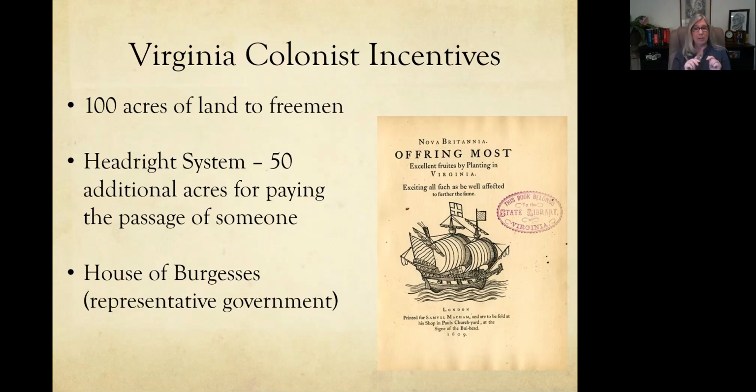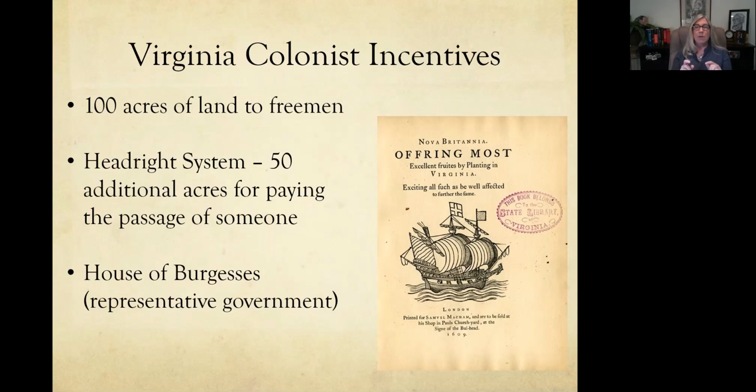And by indenturing myself, I promised to work for a period of like 3 to 7 years, somewhere in there. I think the average was about 5 years. I would work for whoever had paid my way. So somebody's going to pay for my passage on the ship. When I get to North America, I'm going to work off the debt that I owe them.